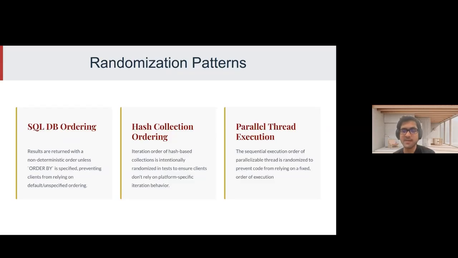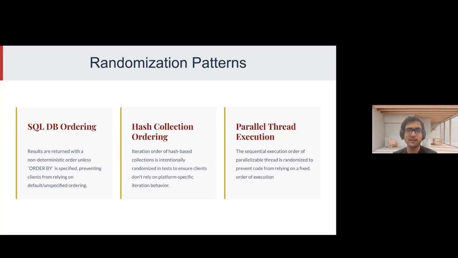One example is SQLite, a very popular database on mobile devices like Android. The test instances return your database entries in a random order unless you have the order by in your query.